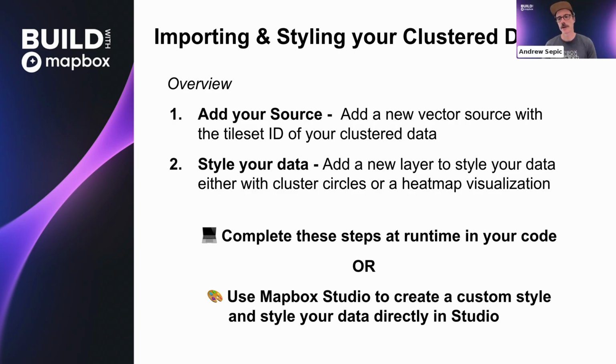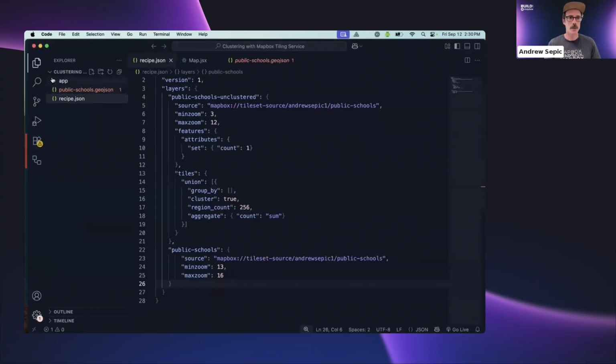We're going to do it here at runtime in our code, but you can do this using Mapbox Studio, and you can execute all of this within a style, and then you can take that style URL and bring that directly into your map. But for the case of a demonstration today, we're going to be doing it at runtime here. So let's have a little look at what we've got going.